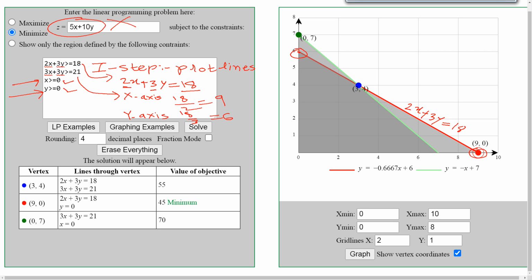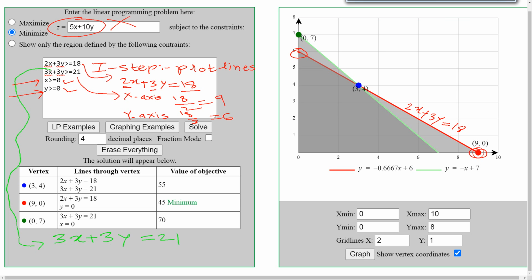Now the second line we are going to obtain. The second line corresponds to the linear constraint 3x plus 3y is equal to 21.